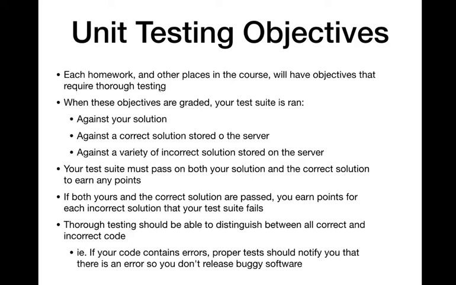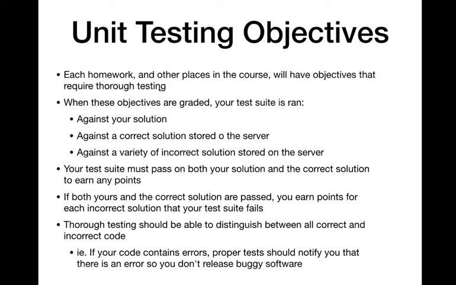So once you start failing the incorrect solutions with your test suite, then we can start being more confident that your code handles things that those incorrect solutions don't. So if you're handling those things that the incorrect solutions don't, and if I have enough incorrect solutions on there, then your code's going to be right, and I can infer that your code's at least mostly right at that point. Enough that AutoGrader is going to give you the points.